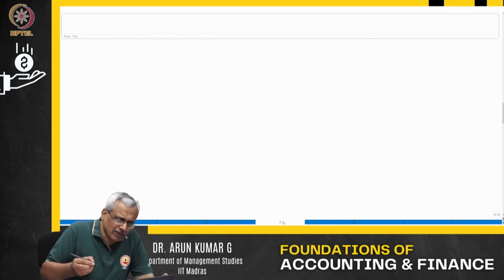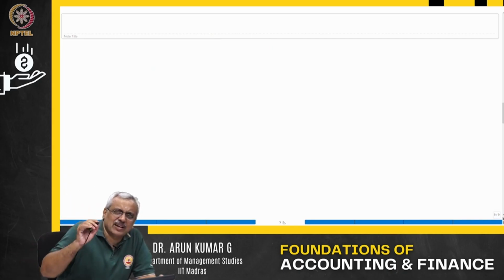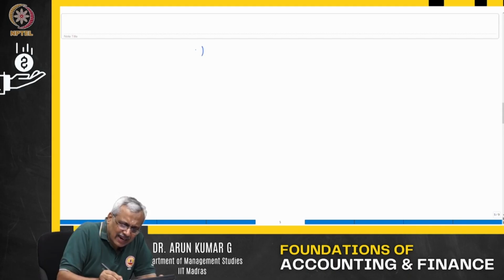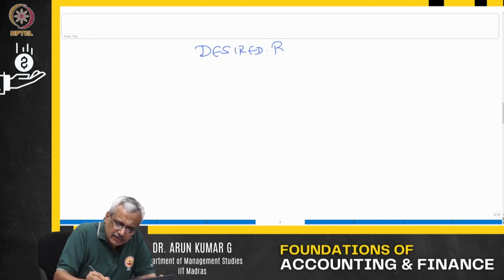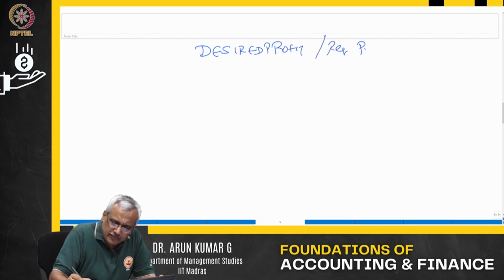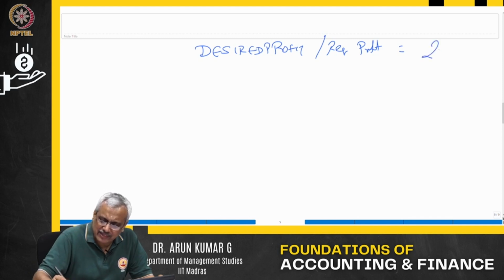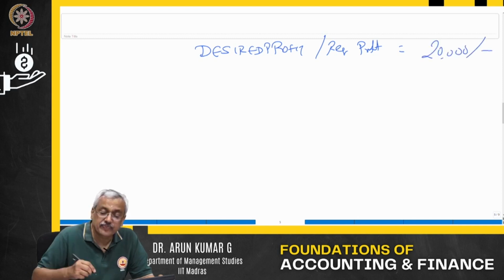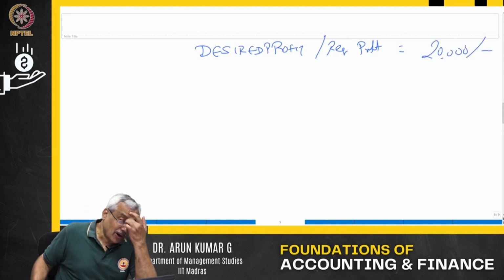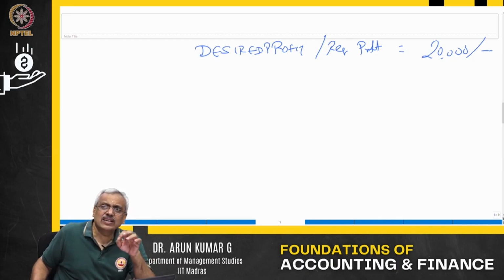Supposing my company is operating and needs a desired or required profit of, let us say, 20,000 rupees. Now I need to know how many units I need to manufacture for earning this 20,000 rupees profit.